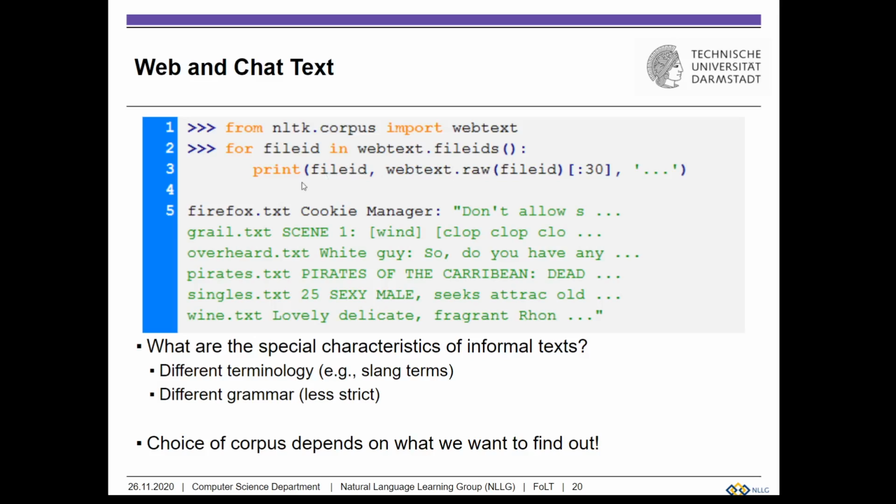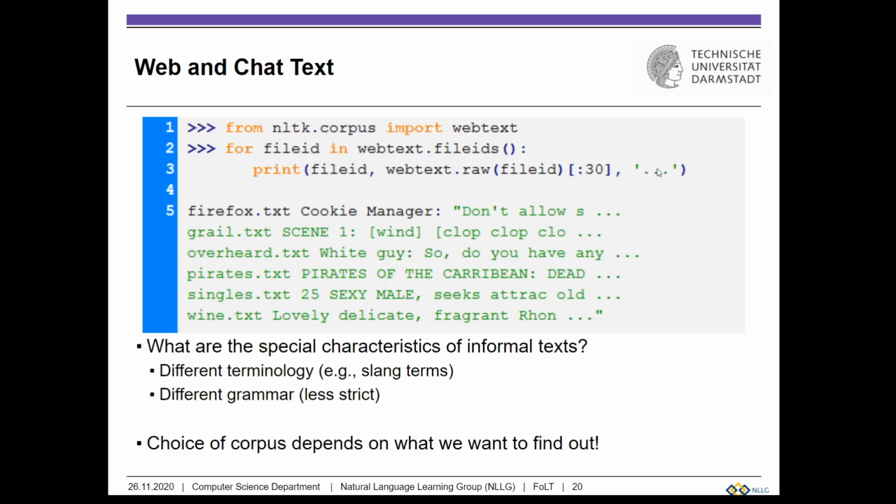So we type the individual text. So this is firefox.txt, grail.txt, overheard.txt, pirates.txt. So these are different texts from the web. We get the raw text for each of our individual texts, and we limit it to the first 30 characters because otherwise it will become too long.